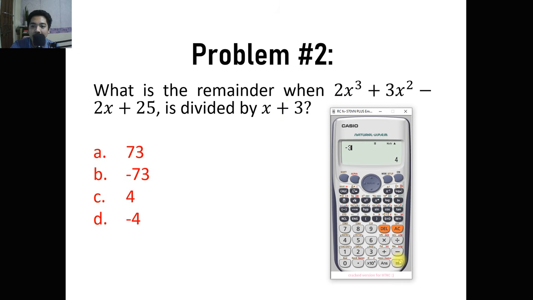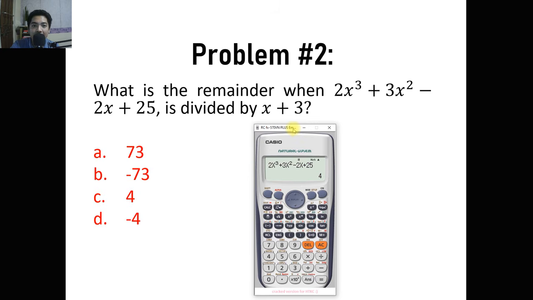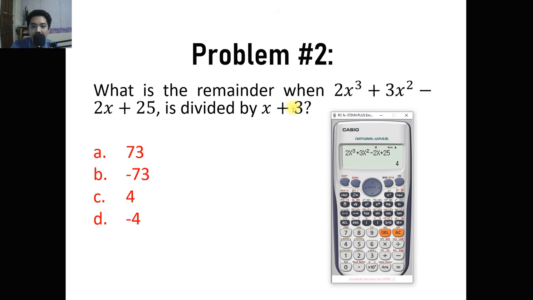So equals 4. So the answer when the function 2x cubed plus 3x squared minus 2x plus 25 is divided by x plus 3 should be 4.